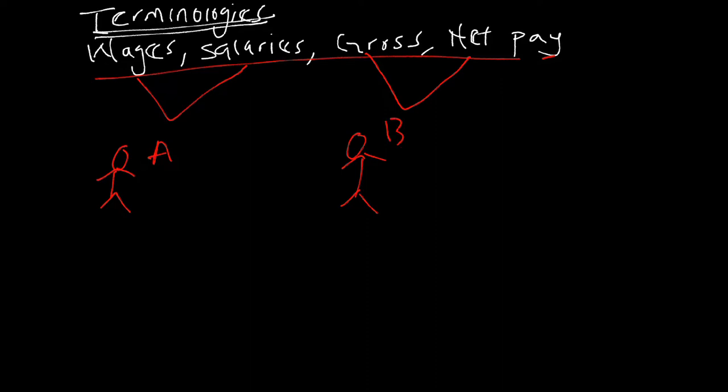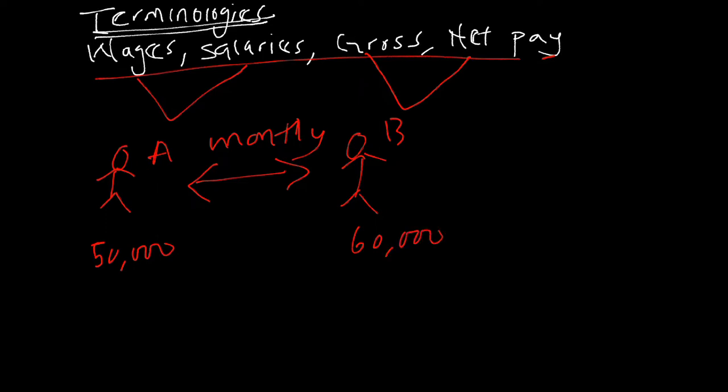Now let's say they both collect salary. So you now understand what I mean by salary. Salary is always monthly. But Mr. A receives 50,000 naira and Mr. B receives 60,000 naira.